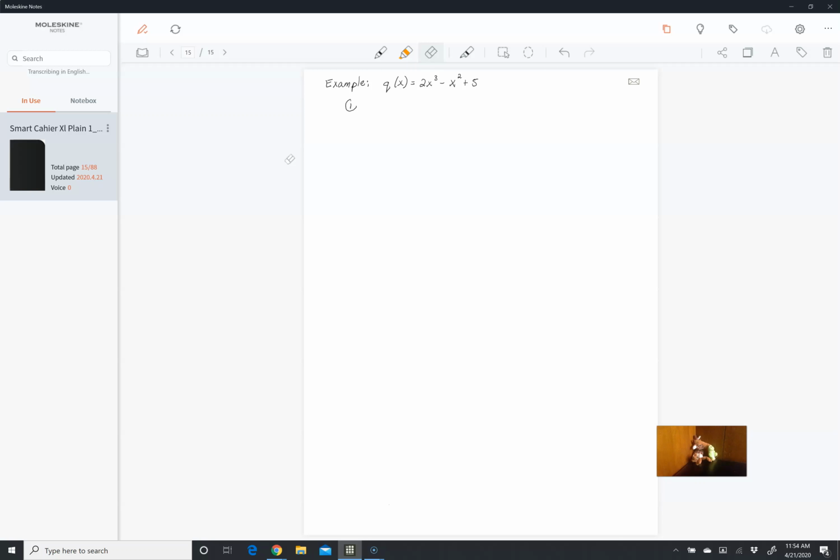And for this one, let's do a reflection and then let's reflect in the x-axis. And then we'll do a horizontal shrink by a factor of 3. Okay. This will be the last one that we do, and then we'll just take a quick look at some graphs.